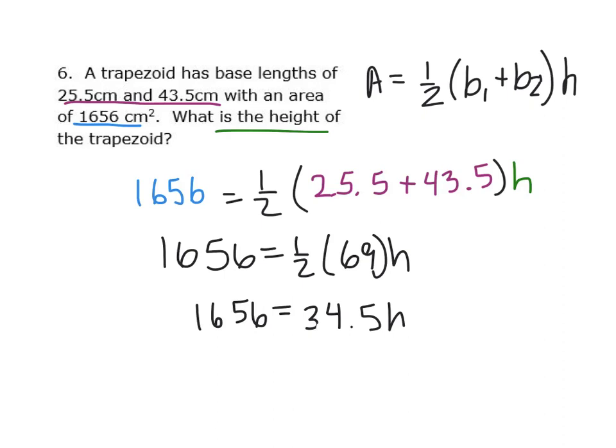And then we divide both sides by 34.5. And this gives us our height is equal to 48 centimeters. So make sure you use the right formula, plug everything in correctly, solve, get your answer.